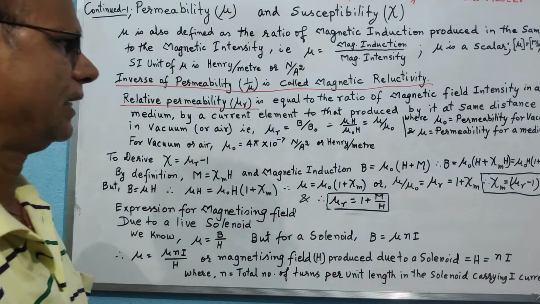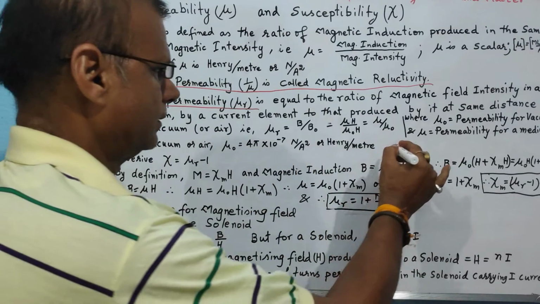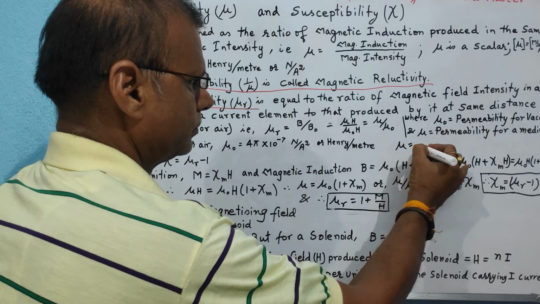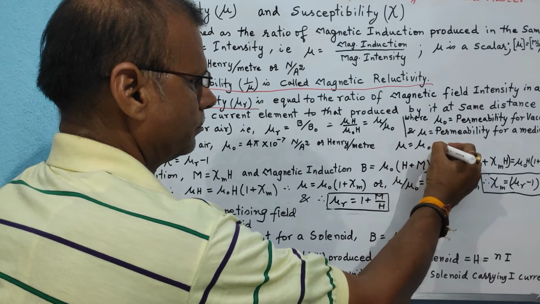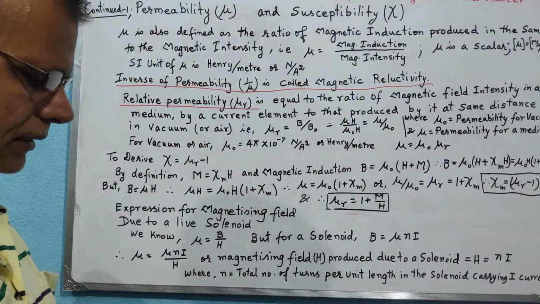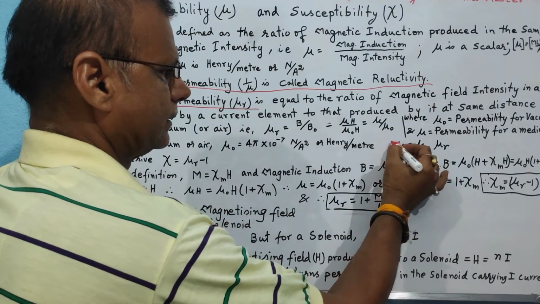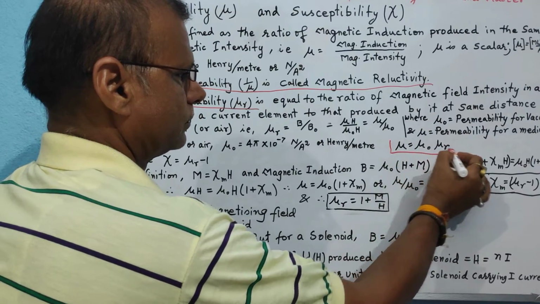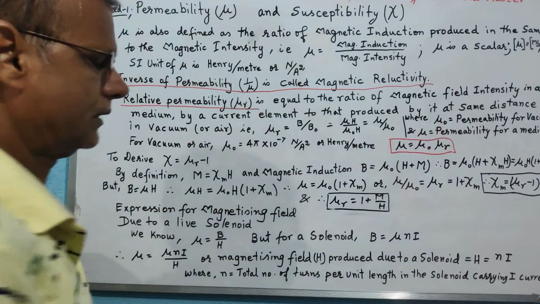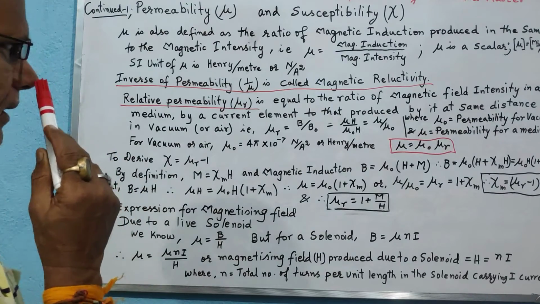We can memorize it by keeping in mind that mu is equal to mu 0 mu r, meaning the suffixed quantities multiply to give the unsuffixed quantity. You have a suffix 0 or r on one side, and no suffix on the other.